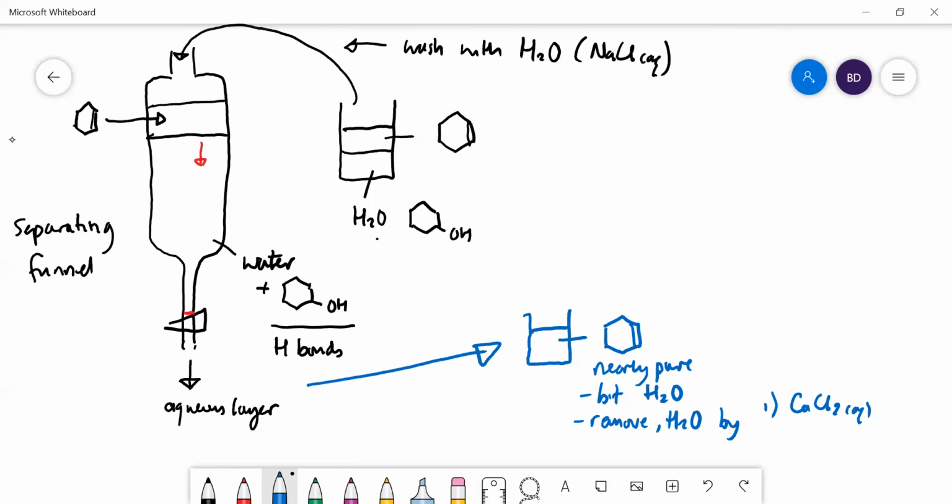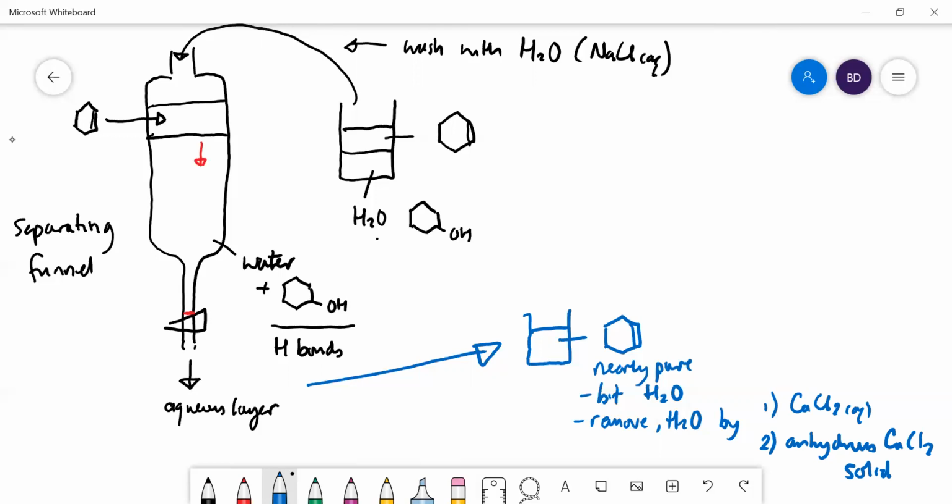You'll get rid of a lot of the water that way, but that's not good enough to remove all of it. Then you need to add some anhydrous calcium chloride solid, and that will remove the last traces of water. Leave the calcium chloride solid in the beaker for 24 hours, and that gets rid of all of the water. Then you've got a reasonably pure sample of cyclohexene.